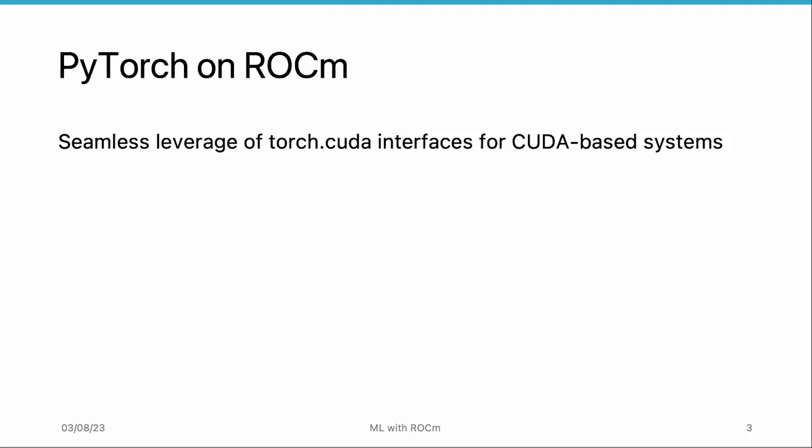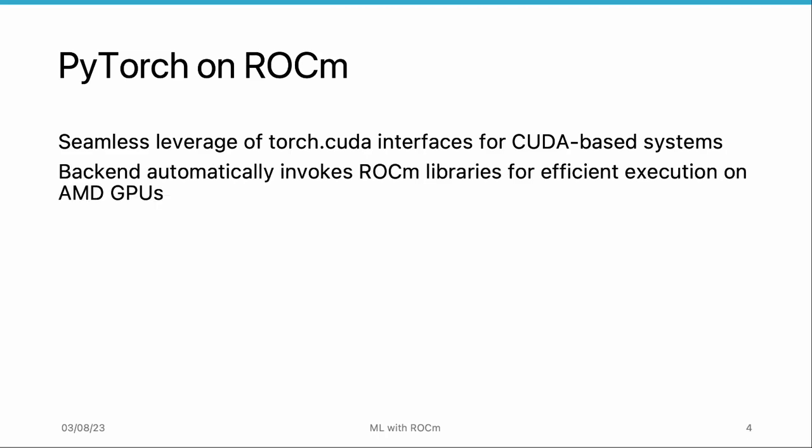What makes PyTorch on ROCm truly remarkable is its ability to seamlessly leverage the development skills of programmers who have previously worked with torch.cuda interfaces designed for CUDA-based systems. The backend of PyTorch on ROCm takes care of invoking the appropriate ROCm libraries, ensuring smooth execution on AMD GPUs.